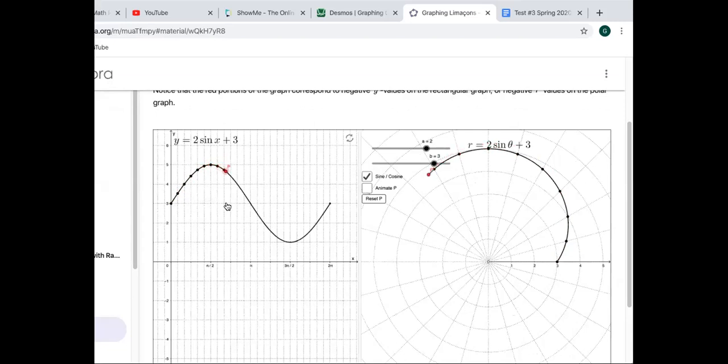It would come down back to 3 at 180. But look what happens in between. It's not going to make an ellipse. It's going to make a kind of surprising thing. Where it hits its low point. And then that happens.